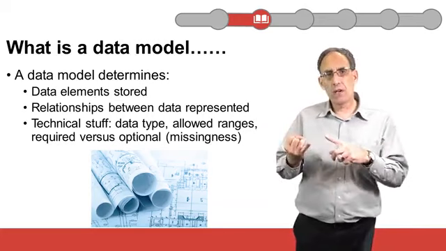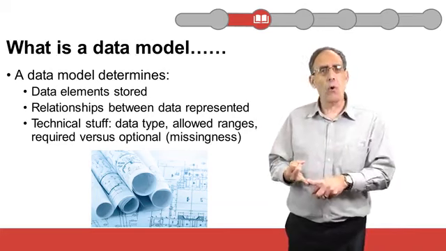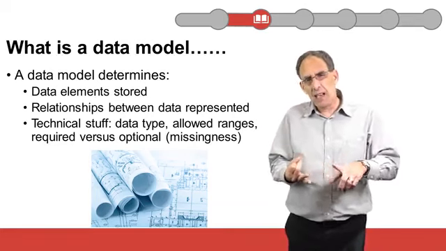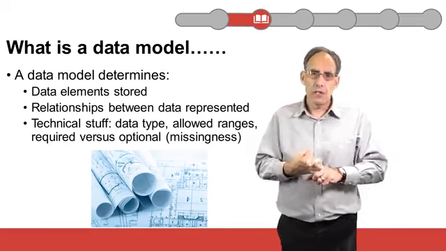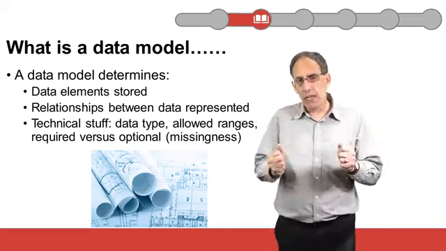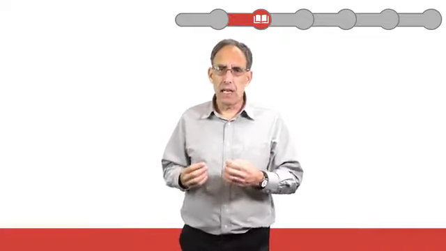Features such as which data elements can be stored, relationships that hold between 2 or more data elements in the database, and a number of technical features such as the data type, allowed ranges, whether a data element is required or is optional. In actual practice, a data model contains substantially more information than I just mentioned.